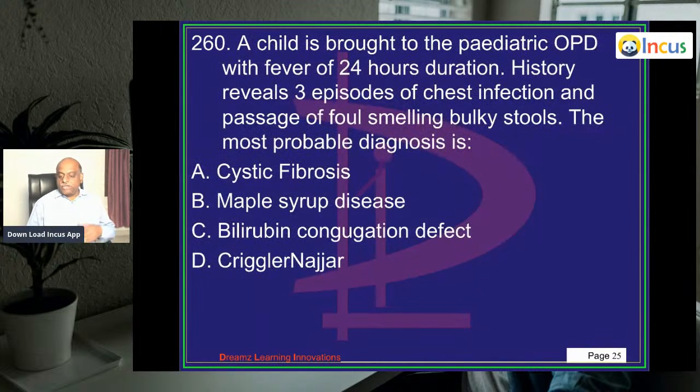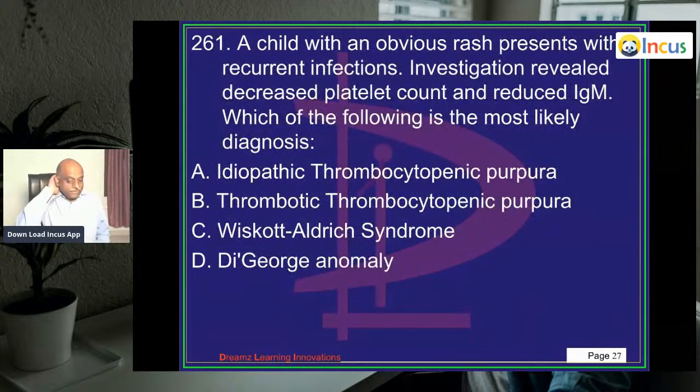So now, doctor, a child is brought to the pediatric OPD with fever of 24 hours duration. There is a chest infection, 3 episodes of foul smelling, bulky stools, steatorrhea. Respiratory infections will make you think of cystic fibrosis.